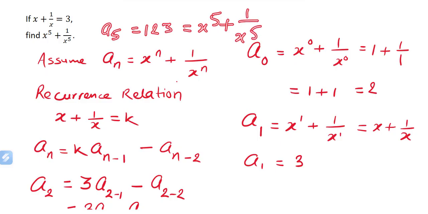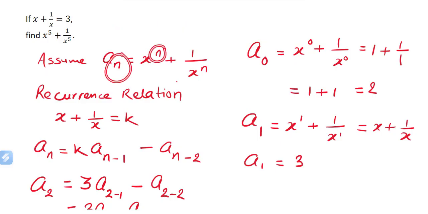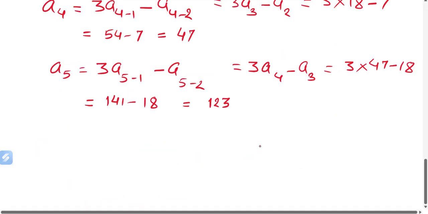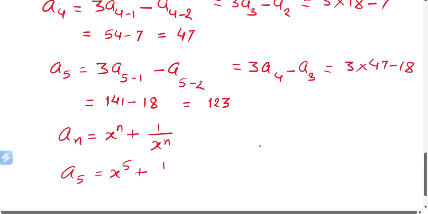Because this n is 5, these two n's are also 5. So if this is 5, then it's x power 5 plus 1 over x power 5, which is equal to 123. So this is the answer.